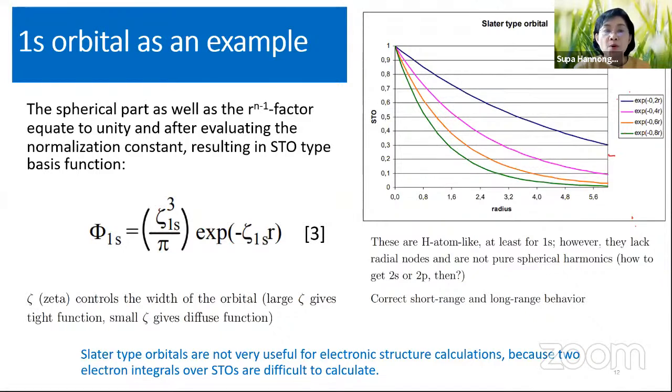If you look at the picture on the right hand side, you can see an example of the STO function when we vary the radius of the electron for different values of zeta: the exponential of minus 0.2 r, minus 0.4 r in pink, minus 0.6 r in orange, and minus 0.8 r in green.